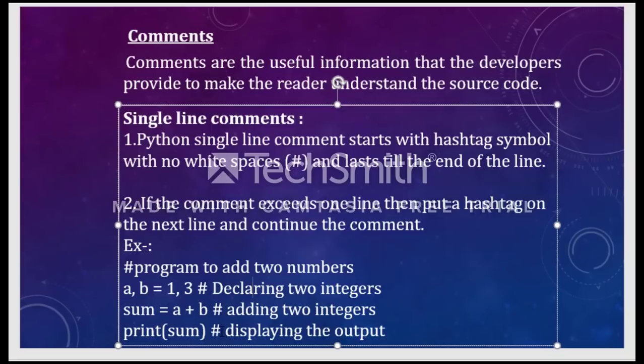Then again the third statement is nothing but displaying the output. In the first line itself I have written some description regarding this program, that is, program to add two numbers. Okay, so this hash symbol is used to provide single line comments for the program.